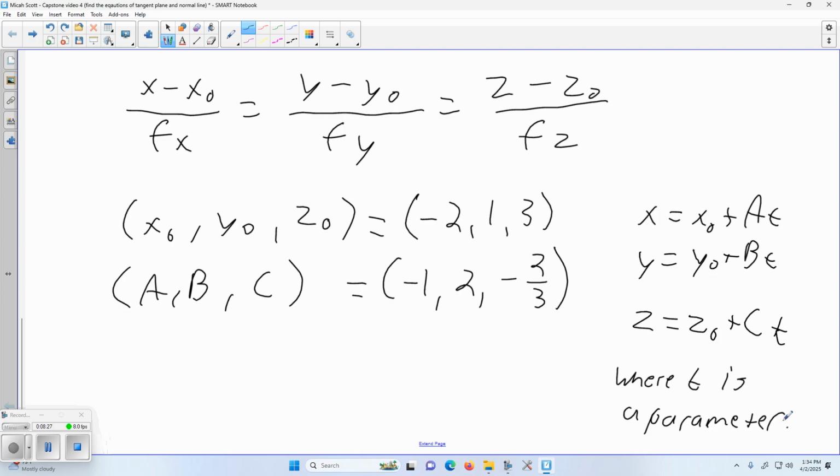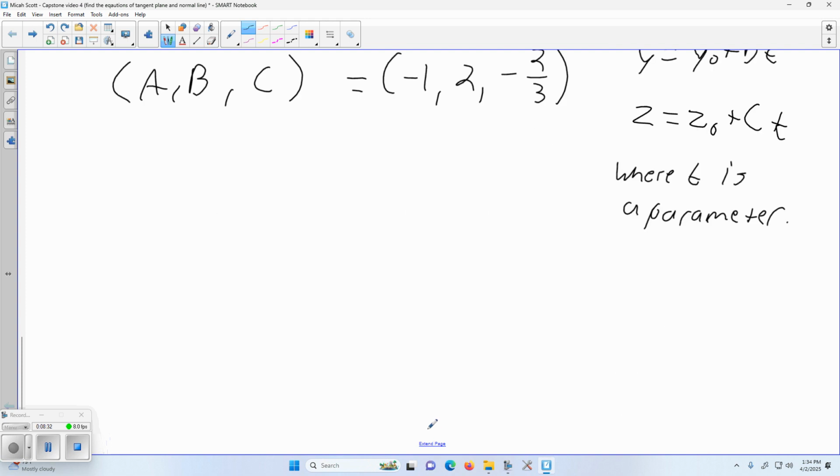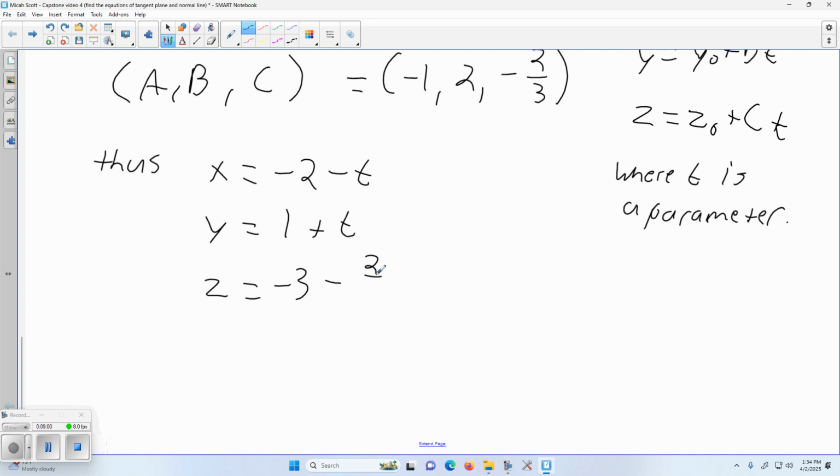Basically we will just fill this in, thus having x equals negative 2 minus t, y equals 1 plus t, and z equals negative 3 minus 2/3 t.